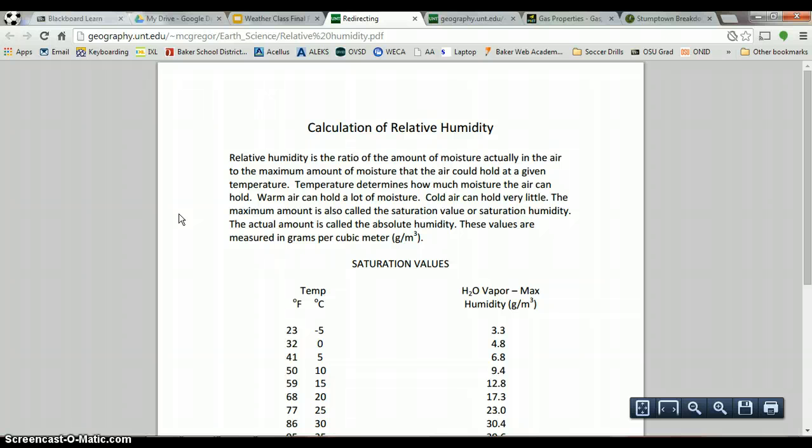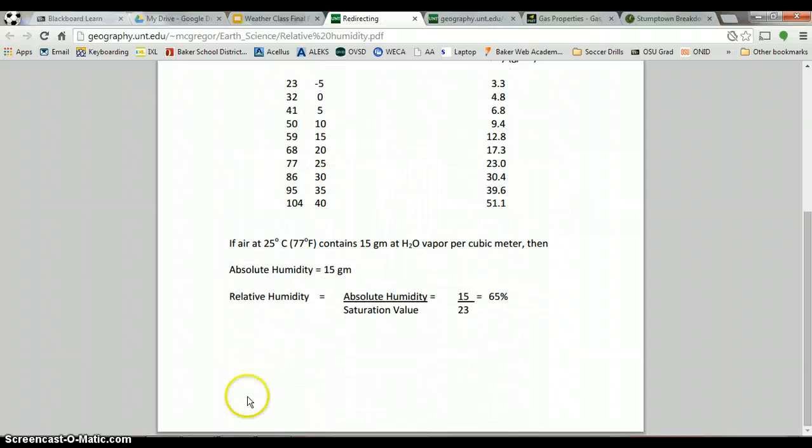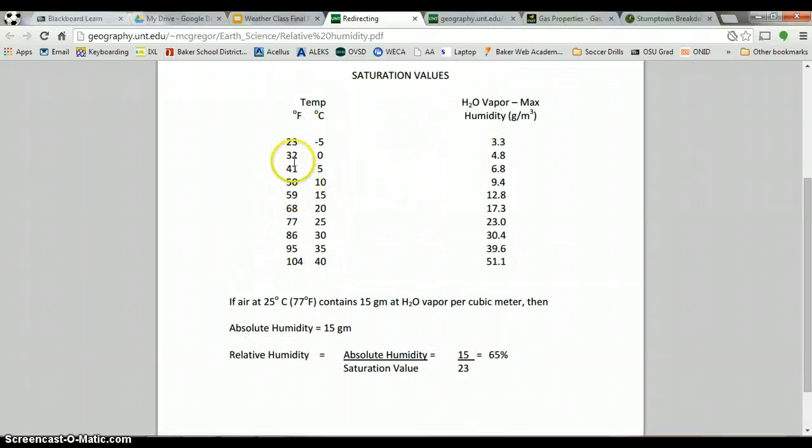calculation of relative humidity, and it explains what relative humidity is. It's the ratio of the amount of moisture actually in the air to the maximum amount of moisture that the air can hold at a given time. So it shows them, okay, if the absolute humidity is 15 grams at 25 degrees, which is what it says, so at 25 degrees or 77 degrees Celsius, then it's 15 grams.